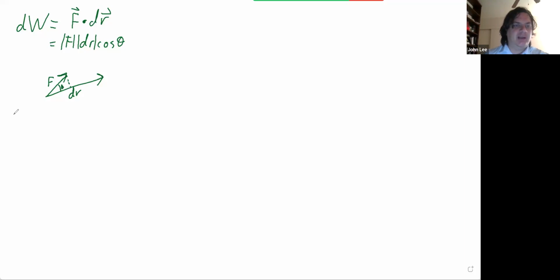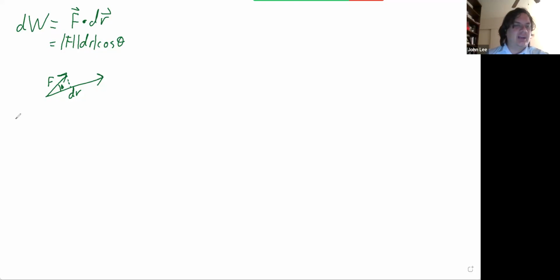One of the ways to actually talk about work is because this is an infinitesimal amount. This is dW instead of an actual change in work. This is the infinitesimal change in work as you're going along an infinitesimally short path.